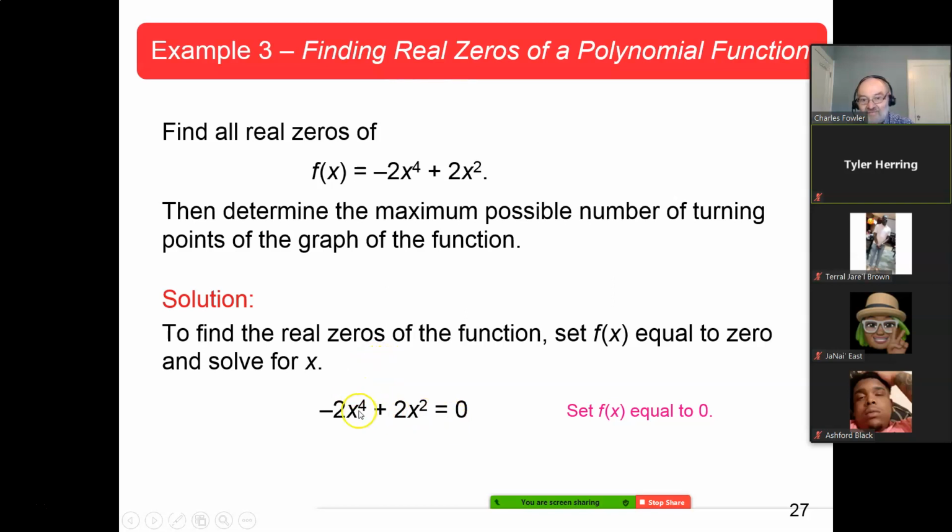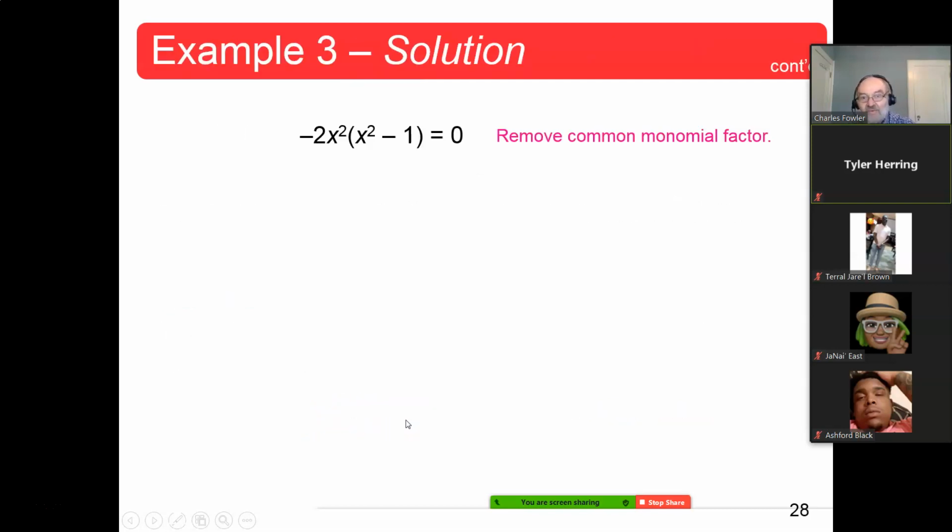Then factor out what you can. Maximum factor here, minus 2x squared. When you factor out the minus 2x squared, that left you x squared minus 1, still equal to 0. Now let's set each of these. This factors as minus 2 times x times x times x minus 1 times x plus 1. Set each of those equal to 0. Negative 2 is never equal to 0.